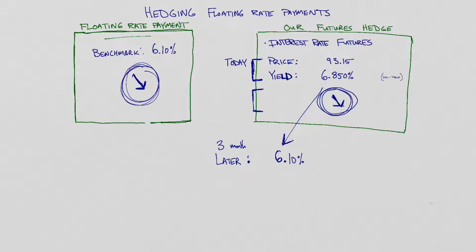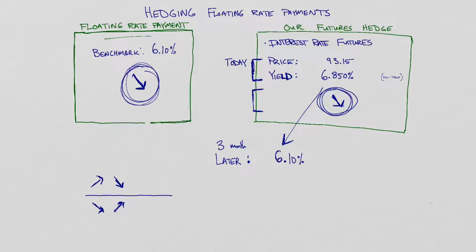And so whether interest rates are falling or whether interest rates are rising, the net effect with this short treasury futures position is it doesn't matter. Whether they go up or down, our effective cost of capital for this floating rate loan payment stays fixed. The two are perfectly offsetting each other.